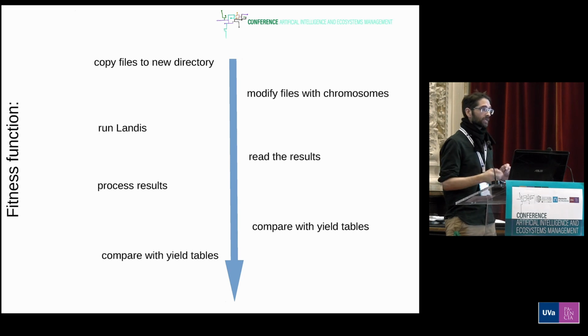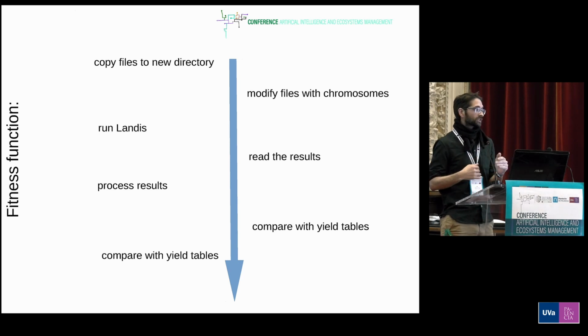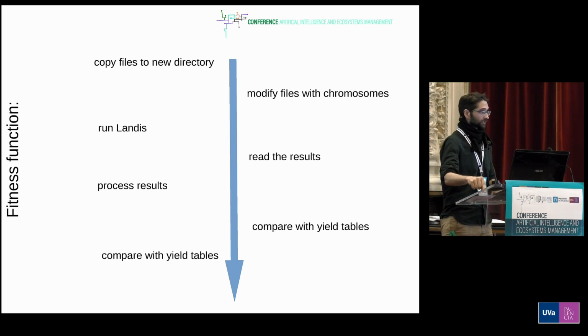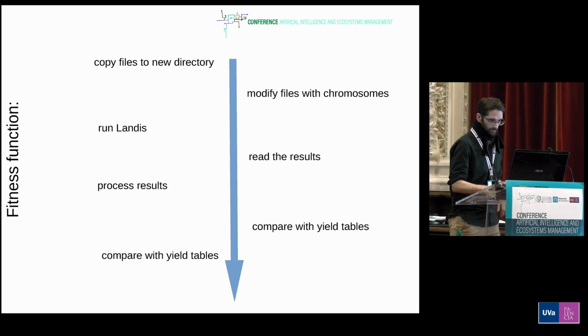You modify them, you then call the terminal, you run the software, you can print lots of results, you pick some type of information and you compare it with your results. The problem is that you will be doing this for probably 1,000 chromosomes, and you will be repeating this for 100 generations. So it's quite nice.